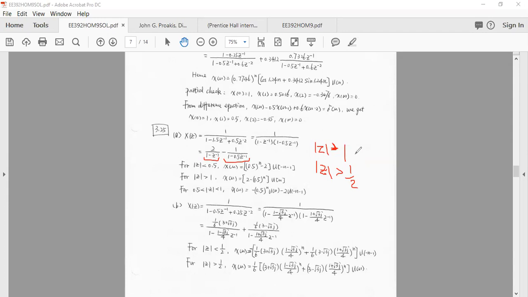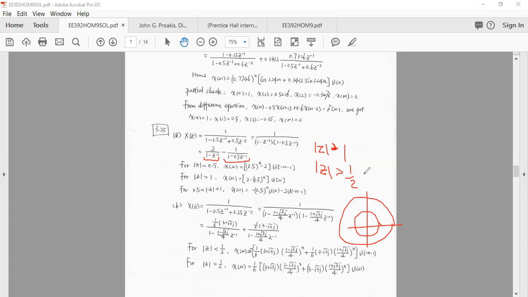So if we draw the region of convergence, we have 2 circles. One is at half, and the other one is at 1. In order for the overall signal to be causal, the region has to fall on the outer part of the larger circle. That is, the absolute of z is greater than 1, right?